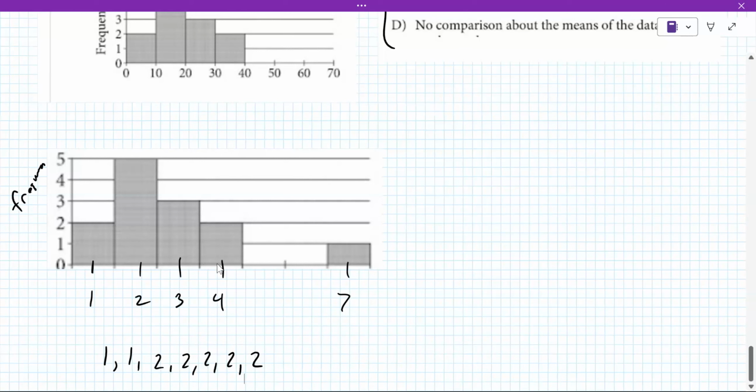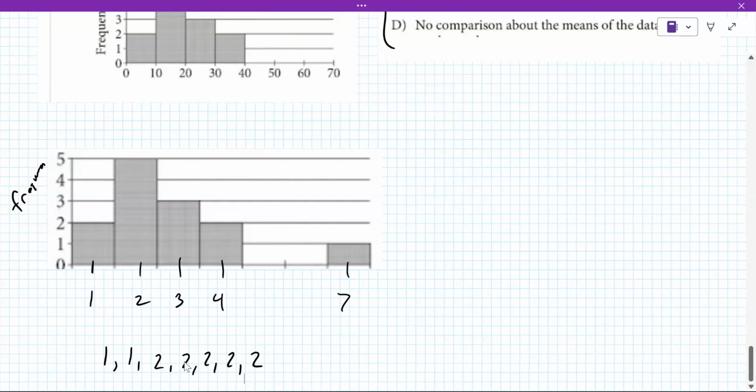Because the two averages out. Frequency is like a count. So how many ones did I write down here? Two 1s, because there's a count of 2.